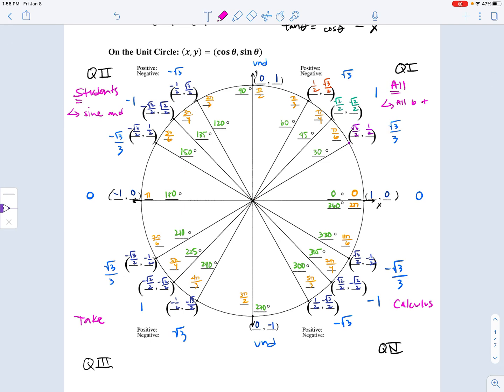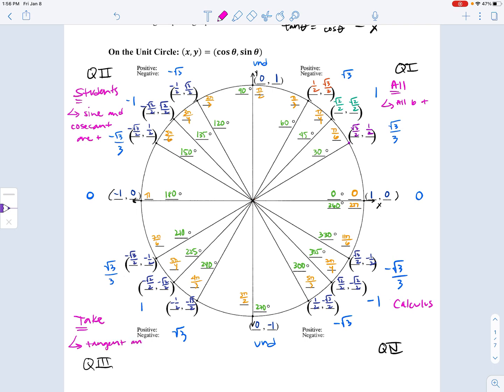The S in students means that sine and cosecant, which is sine's reciprocal, are positive, and all the other trig functions are negative.